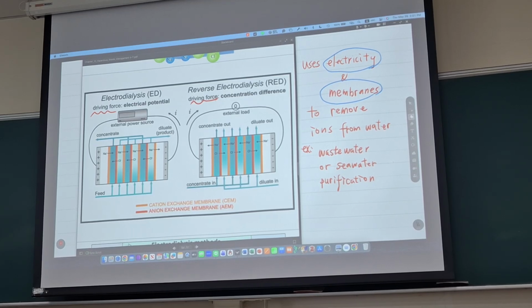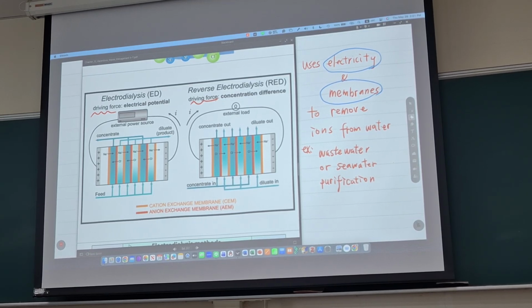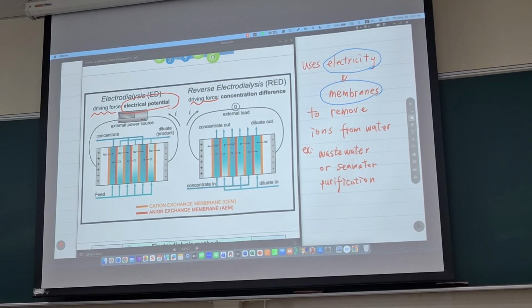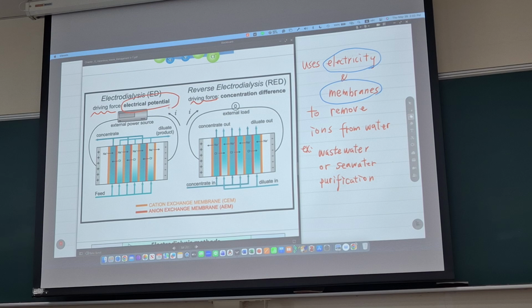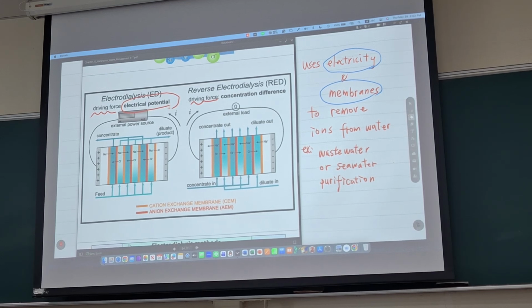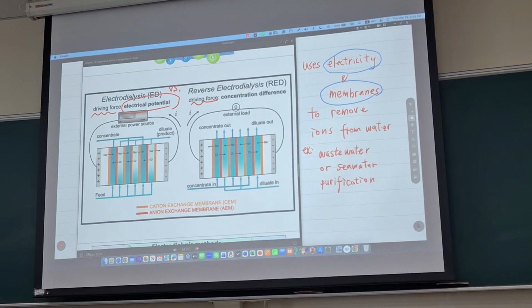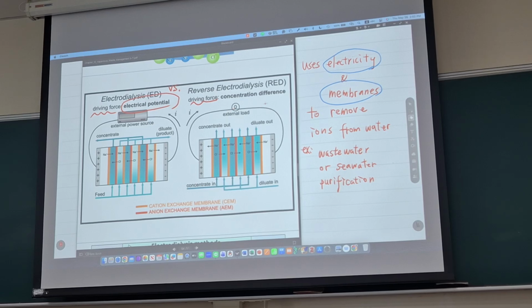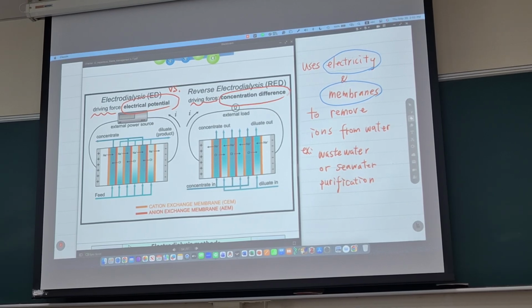The driving force for electrodialysis, ED, is electrical potential, which means it uses electricity to move the ions to purify wastewater or seawater. However, for reverse electrodialysis, RED, the driving force is the concentration difference.